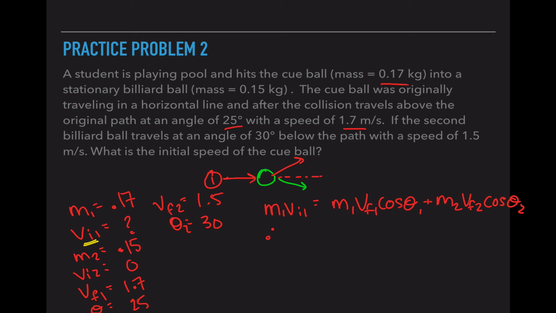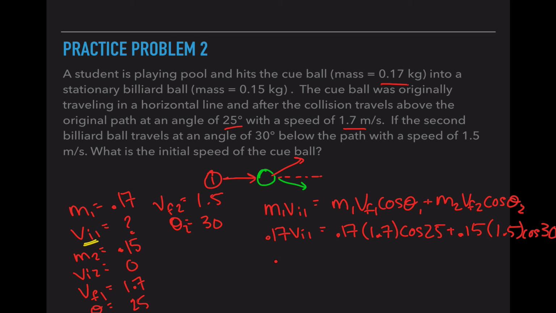Now plug in your numbers. 0.17 vi1 is the number I don't know. 0.17 times 1.7 times cosine 25 plus 0.15 times 1.5 times cosine 30.